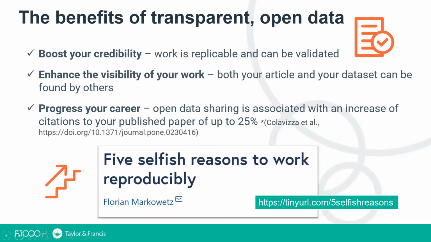So others can replicate your research and validate the results that you're reporting. Now, when data is shared in a data repository, the profile and visibility of your work also increases. Other researchers can find your research both on the journal and the publishing platform and via the data repository where the data set is stored. And sharing data in a repository is also associated with increased citations for your research paper.